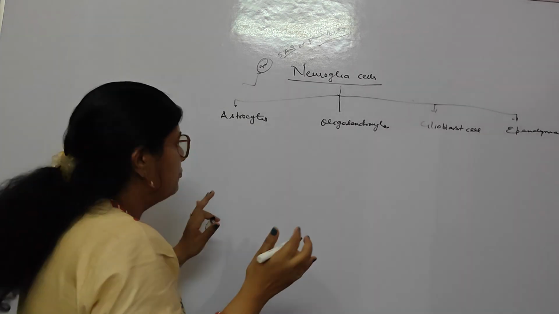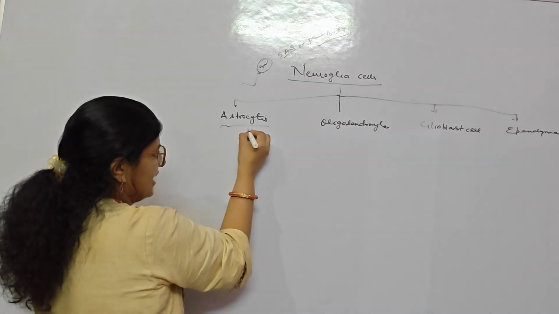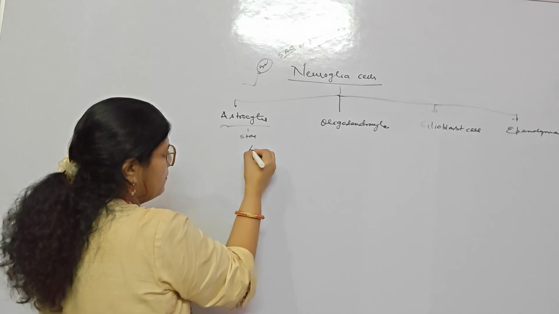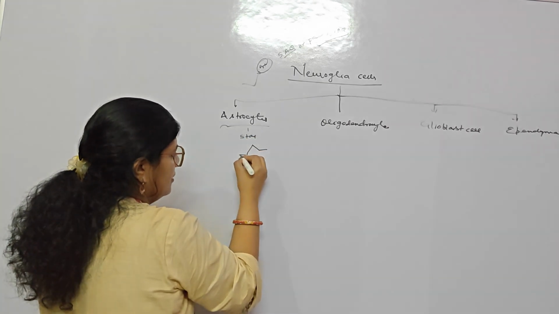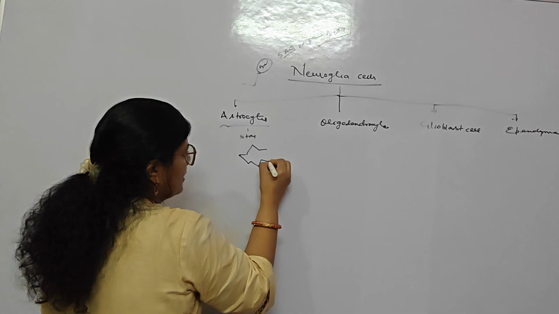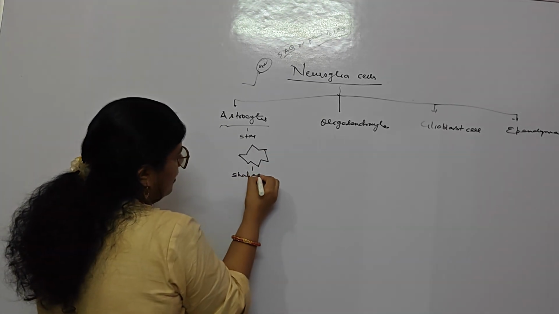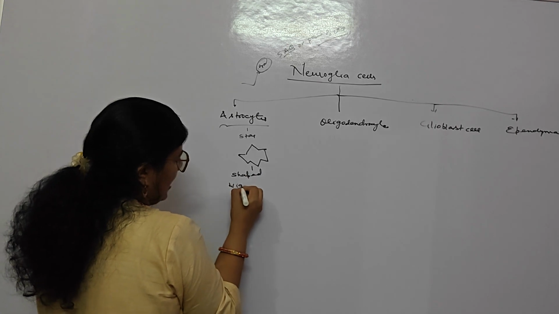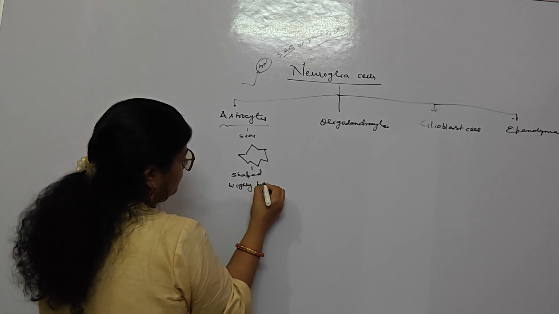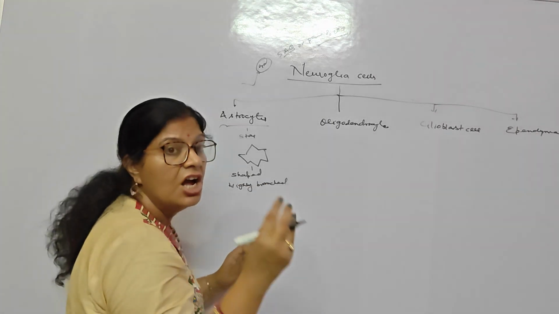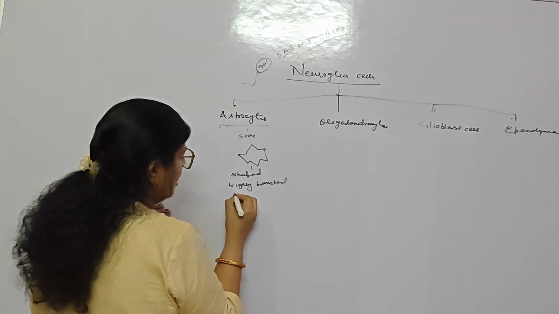Okay, so first we are going to discuss astrocytes. Astrocyte means star, so the shape resembles a star. It is star shaped. It's highly branched with lots of dendrites.